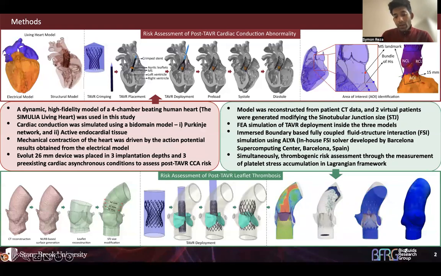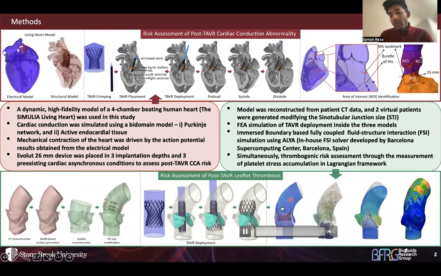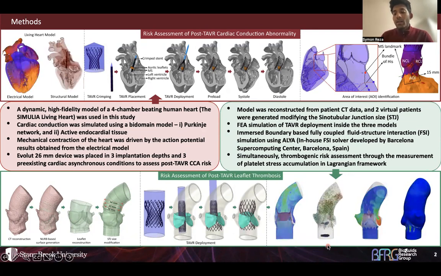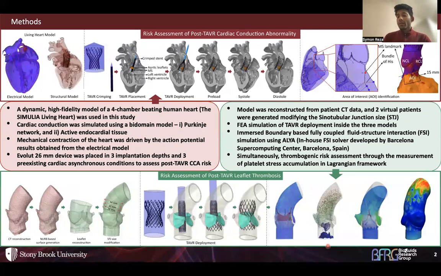On this animation here, you can see the velocity field, and the second animation shows the platelets. So we released some particles in the velocity field, and then computed the stresses on the platelets.